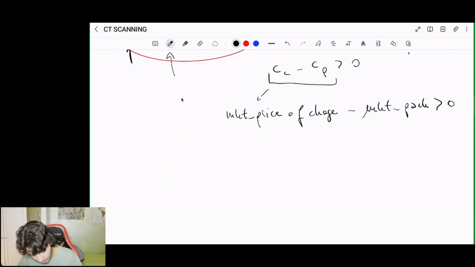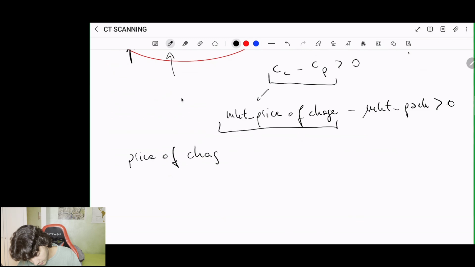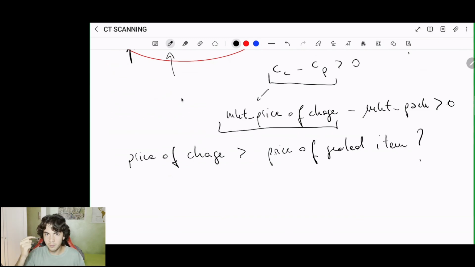So what that means is, we're saying when is the price of the chase higher than the price of the sealed item? Well, if you remember, the first assumption we made at the beginning of this video was that the price of a chase was higher than the price of a sealed item. Remember that. If you watch the first 1 or 2 minutes of the video, that's the first thing we said.